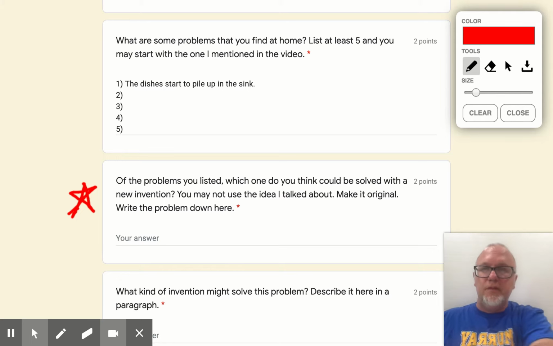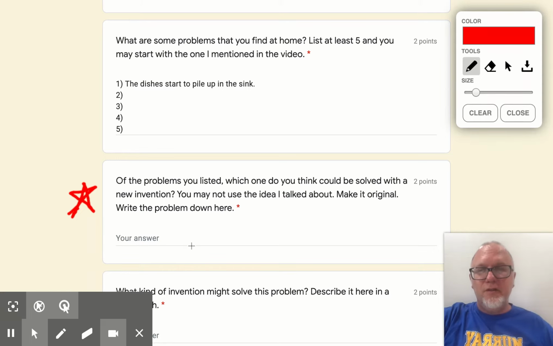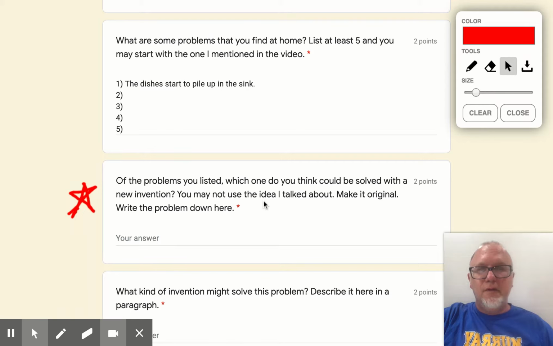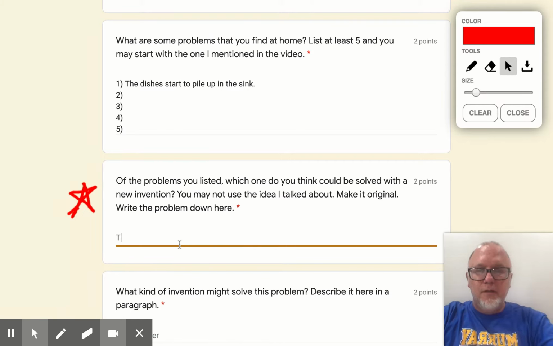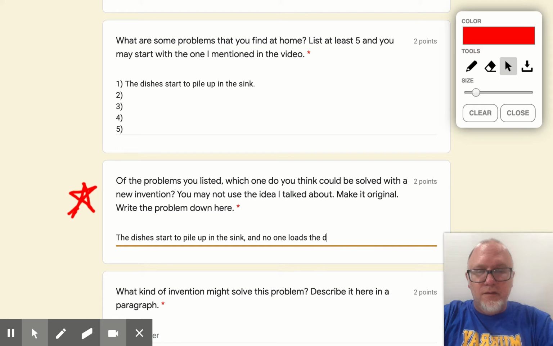So you would simply write, can't choose mine, but I'm going to write, the dishes start to pile up in the sink. I'm going to go a little bit farther, and no one loads the dishwasher. Now, it's not really that bad, but I had to think of something, and some days it's that bad.